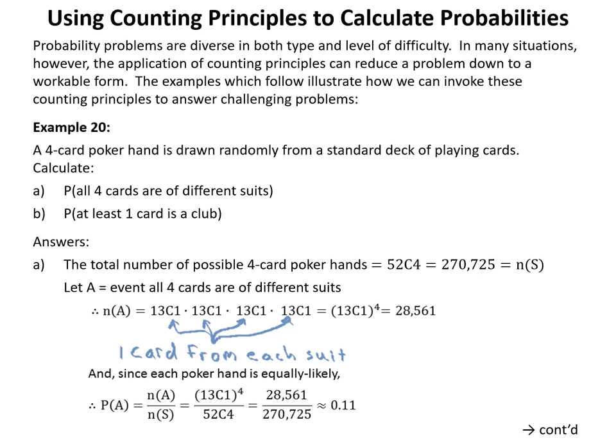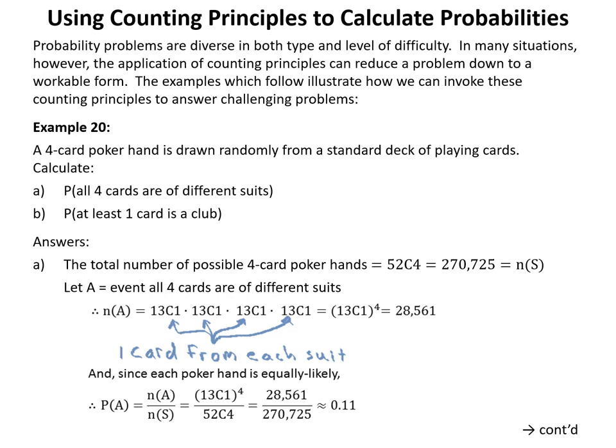In example 20, a 4-card poker hand is drawn randomly from a standard deck of playing cards. We're asked to calculate in part A the probability that all 4 cards are of different suits, and in part B, the probability that at least one card is a club.